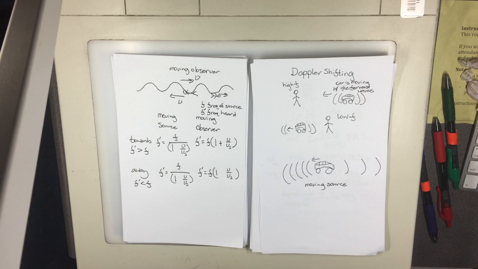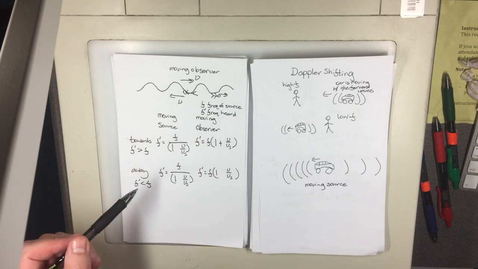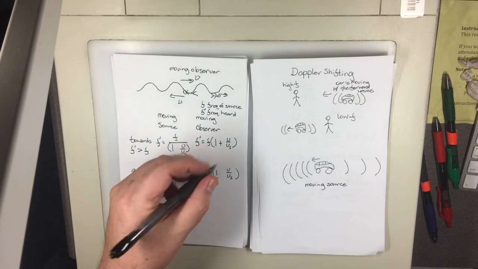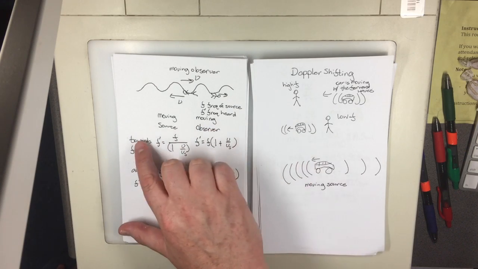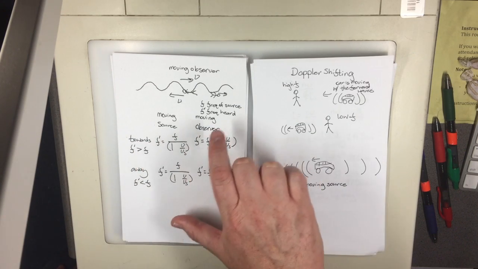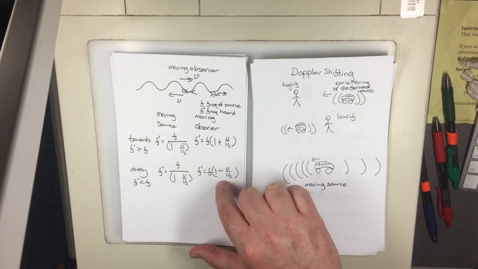Take a number, multiply it by a number greater than 1, you're going to get a number that's bigger. Observer away, that uses a minus sign because you need a number less than 1 so that when you multiply it by F, F prime is less than F. So for a moving observer towards, you use this. For a moving observer away, you use this.